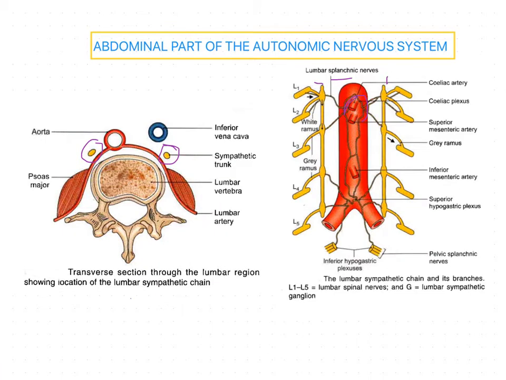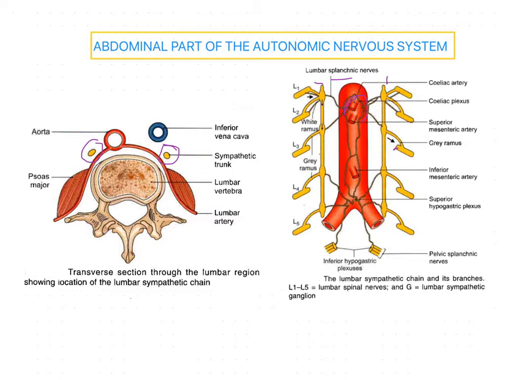Now we will see the lumbar sympathetic chain. This is a ganglionated chain situated on either side of the bodies of the lumbar vertebrae, containing 5 ganglia. You can find L1, L2, L3, L4 and L5.